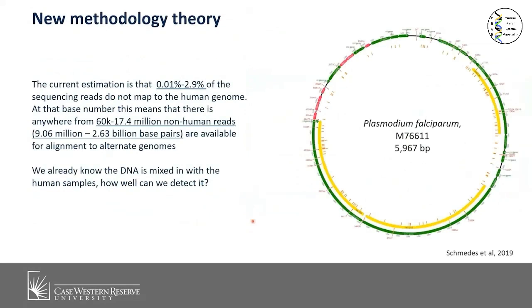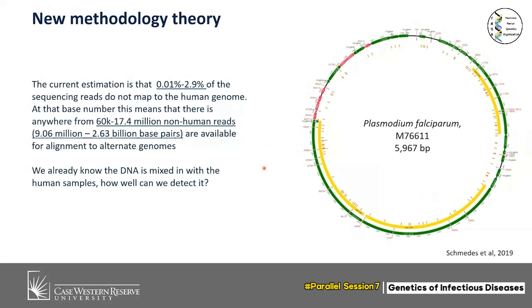Which brings me to the theory behind my research. Along with knowing that some of these individuals could amplify the parasitic gene, I do want to highlight that in the Africa 6K sample, anywhere from 0.01% to 2.9% of the overall sequencing reads were not mapping to the human genome, which means there's anywhere from 60,000 to 17.4 million non-human reads available for alternative alignment.